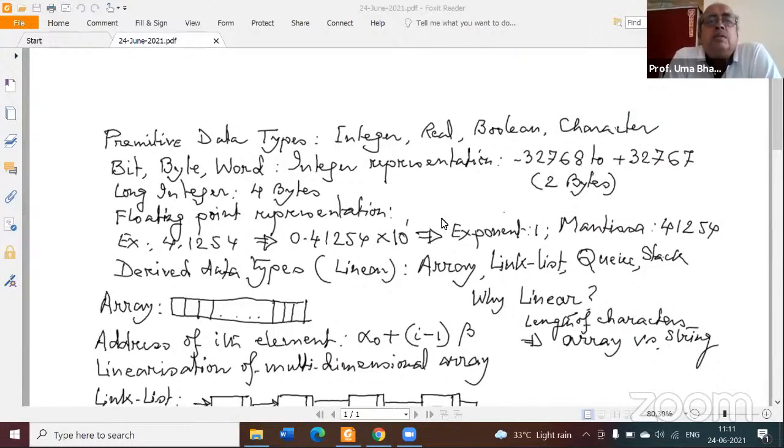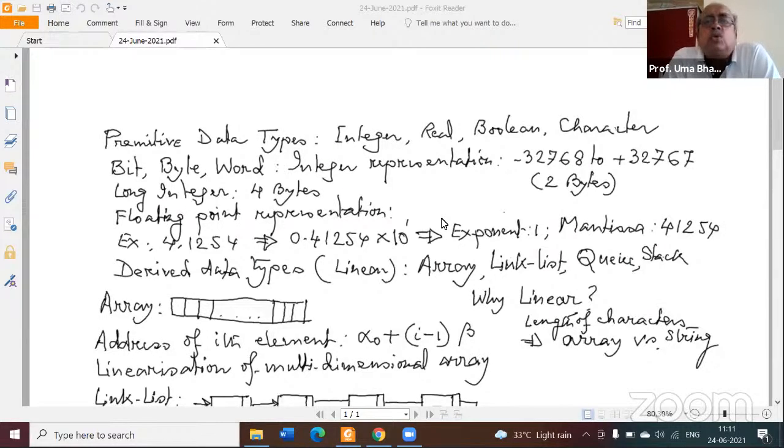For example, a 32-bit machine means the word size is 32 bits. And what are the data types a computer has to store? There are various types, but some are primitive ones. These are the fundamental ones: integer, real, Boolean, and character.